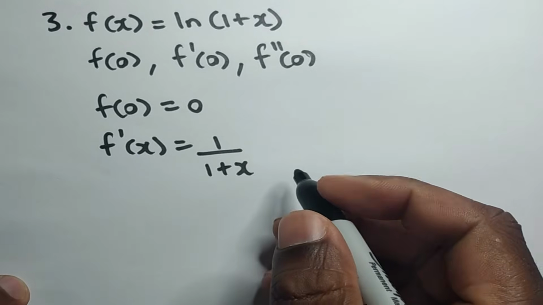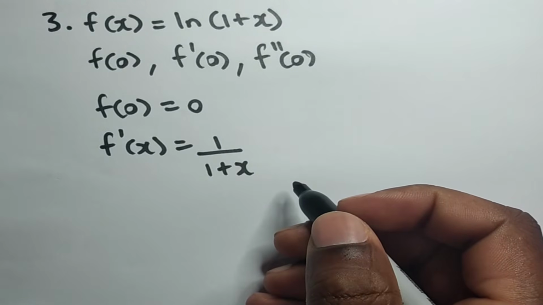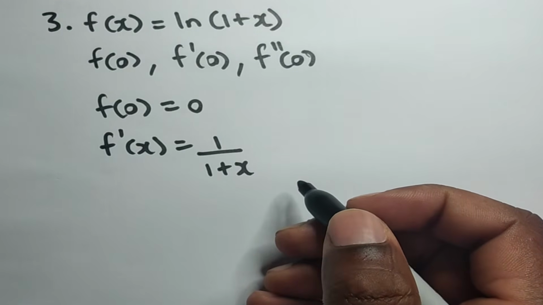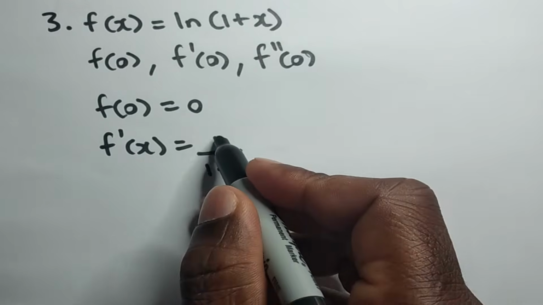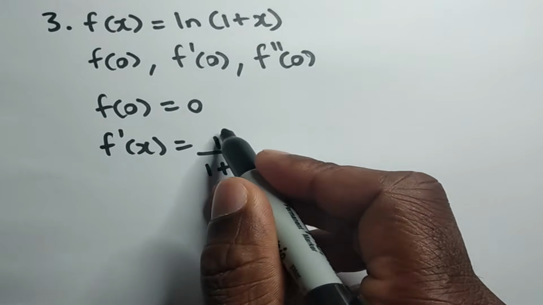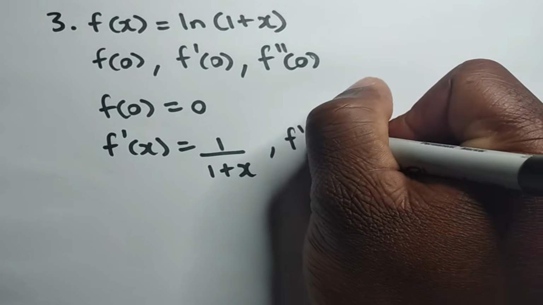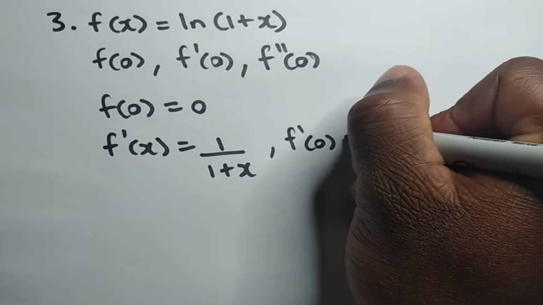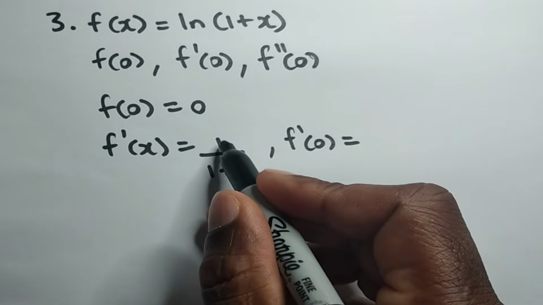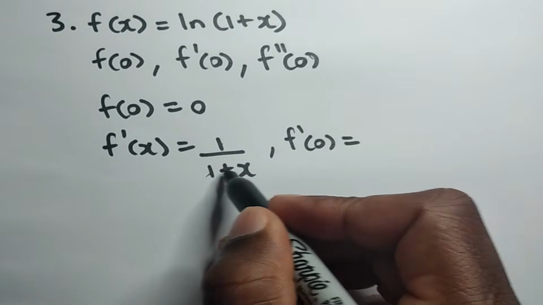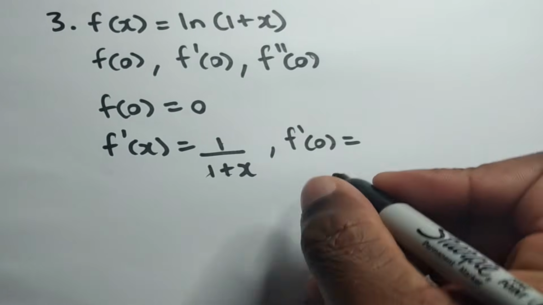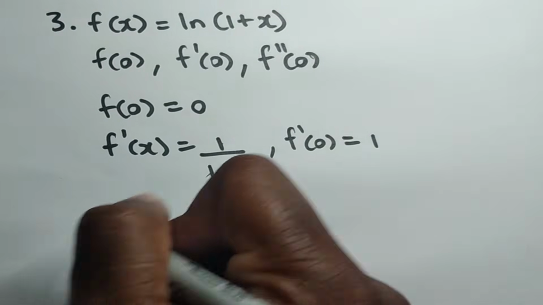That's how you treat the differential of an ln function. So the first differential gives us 1 over 1 plus x. If we substitute 0 in this, we get 1 over 1 plus 0, which gives us 1 over 1, and that's 1.